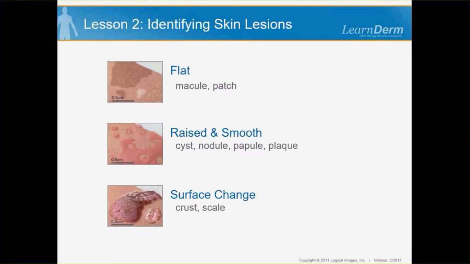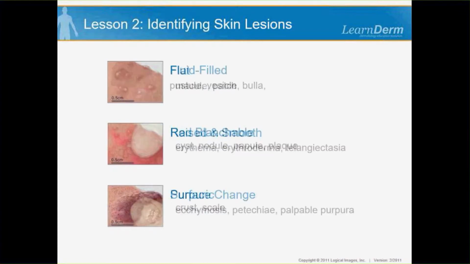When you close your eyes and rub your fingers across the skin and you don't feel anything, it's only a color change, that's a macule or patch. If you feel it to be raised, then it's a papule, which is smaller than a centimeter, or a plaque, which is larger. Nodules have substance and depth. Cysts can be compressible and also tend to be a little bit deeper. We describe surface change, so we could say a scaly plaque, a scaly papule, or a crusted papule or plaque.